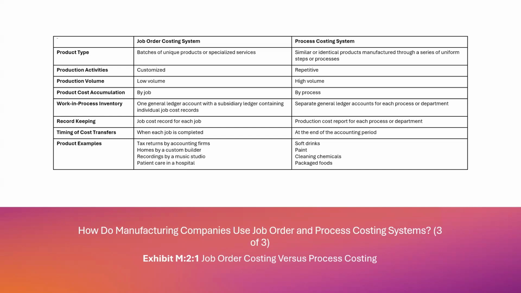So as we examine product costs, we will trace these 4 steps from the inventory accounts on the balance sheet to the cost of goods sold on the income statement. So take an opportunity to look at the distinctions between the job order costing system and the process costing system.